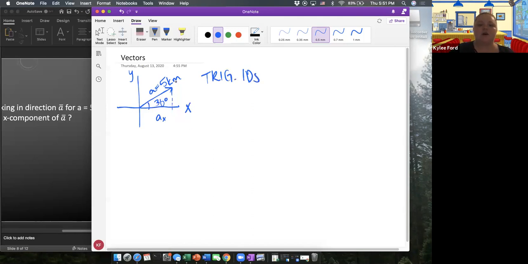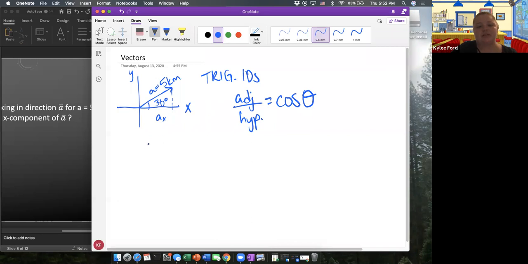I know my hypotenuse, A, and I want to know my adjacent side. So when you go back and think of your trig identities, which trig identity will we use here? Adjacent divided by hypotenuse, CAH. So cosine theta.